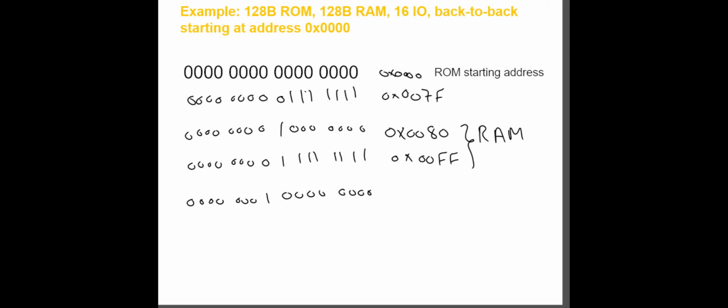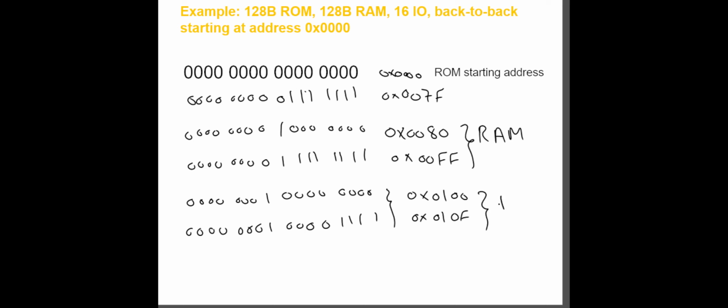So we flip these bits, 1, 2, 3, 4. So my I/O in this case is starting from 0x0100 to 0x010F. This is my I/O range.